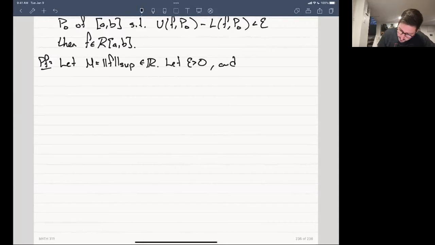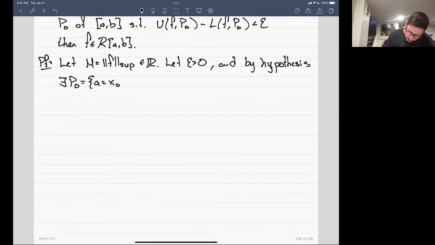And by hypothesis, by assumption here, there exists a partition P0 of [a, b], such that I can put the upper and lower sums within epsilon of each other.